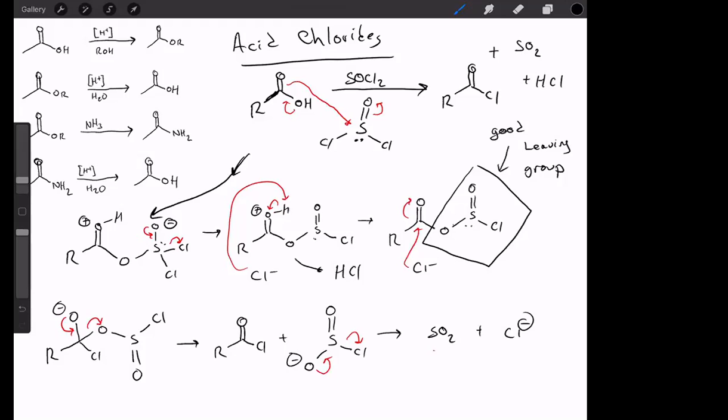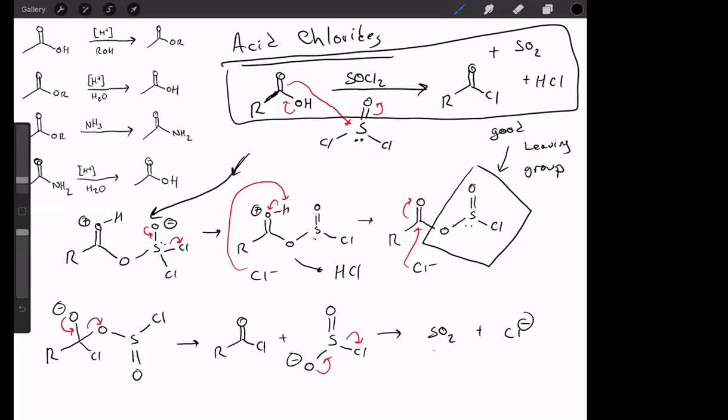This is the formation of an acid chloride. Here is the reaction that you should know on the reaction board. Of course, I spent some time talking about this particular mechanism, and I would expect that you know this mechanism as well.